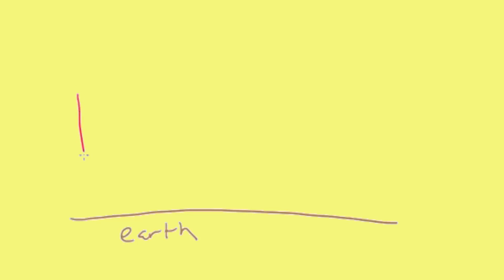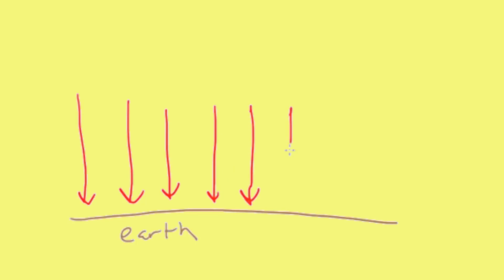Now let's go back to the Earth example. So we have Earth again. We're going to have gravitational field lines coming to the Earth. And we'll again have our box of mass M here.